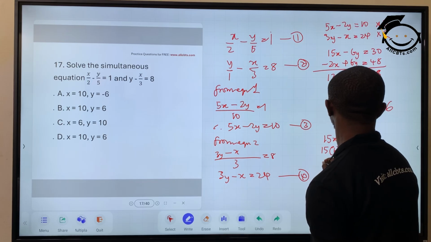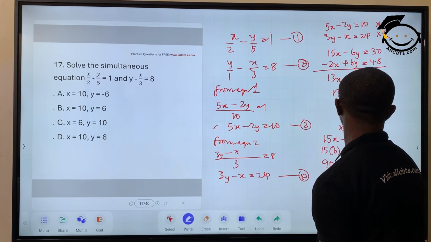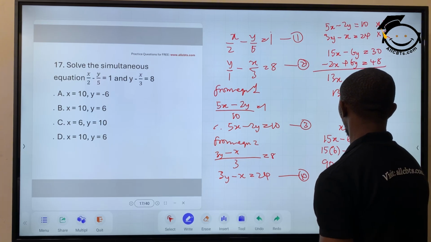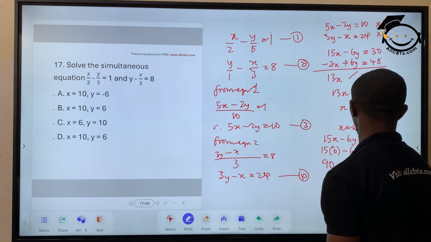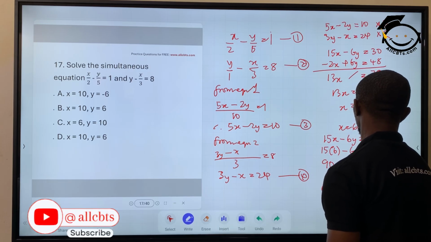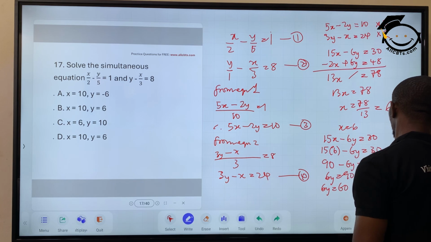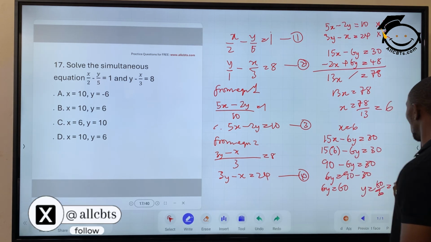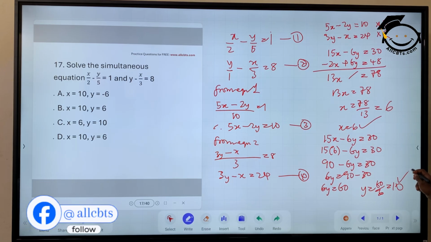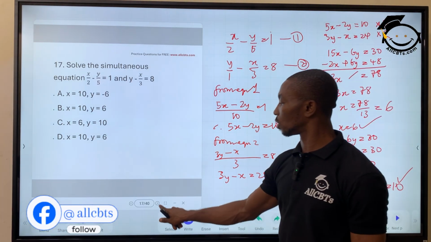This gives us 90 minus 6y equals 30. So 6y equals 90 minus 30, and 6y equals 60. So y equals 60 over 6, which gives us 10. So our x is 6 and our y is 10, which is our option C.